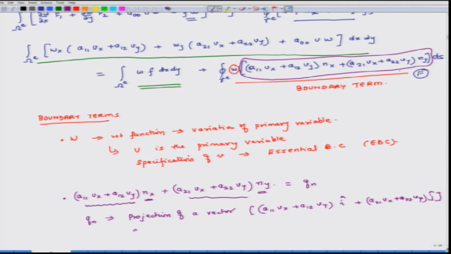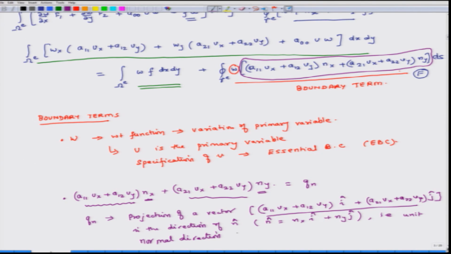If I project this vector in the direction of n, why? Because n is nx i plus ny j, right. Then when I take a dot product of this vector and this unit normal, I will get Qn. So, it represents projection of this vector in the unit normal direction on the boundary.